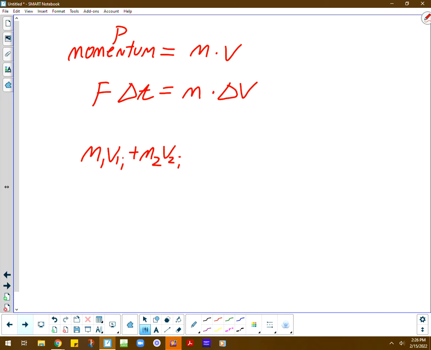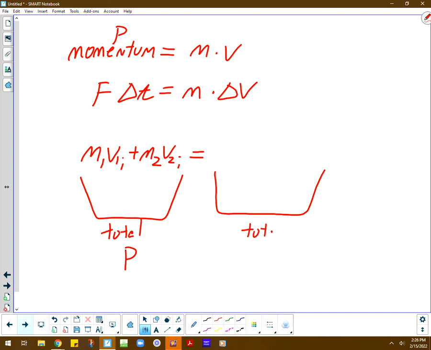You've got two objects that are going to either collide or come apart, like if somebody jumps off of a skateboard or something like that. Then the total momentum before the collision is going to be equal to the total momentum after the collision. Okay?